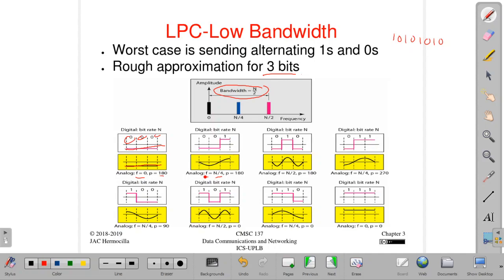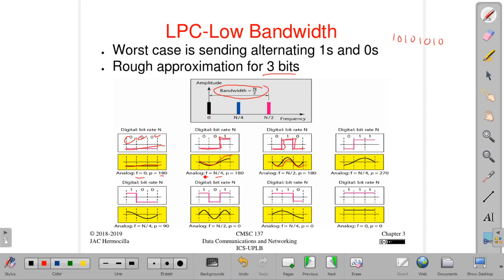And this will be the appearance of the equivalent analog signal for this digital signal. And then for 010, this is the waveform for the digital signal. This is the approximate analog signal that will be transmitted to the channel.